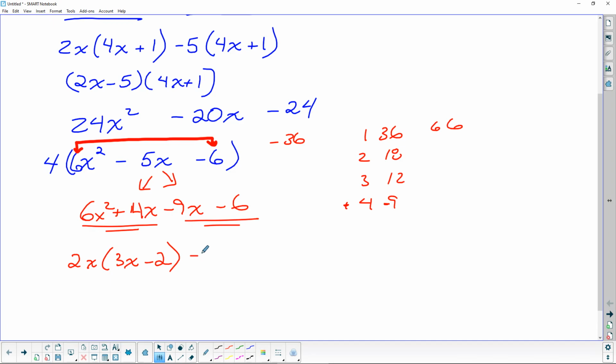Sorry, that's a plus, because that's a plus. So negative 3, so that would be 3x plus 2. So then you still got the 4 out here. So 4 times 2x minus 3 times 3x plus 2.